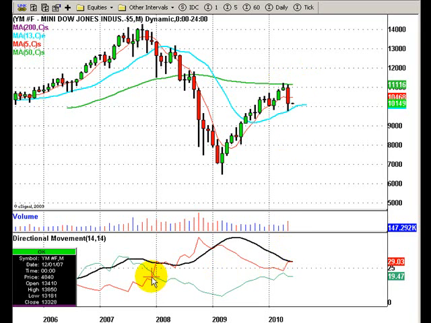But the other thing to notice is the DMI, the Directional Movement Index, and the ADX, depending on which charting package you have. You see that the red line crossed the green line in this area here where we had our big sell-off. You can see that the lines have never crossed since, and the black line here tells us the strength of the trend peaked in here, and as this market has progressed up, the strength of the trend has continued to weaken.